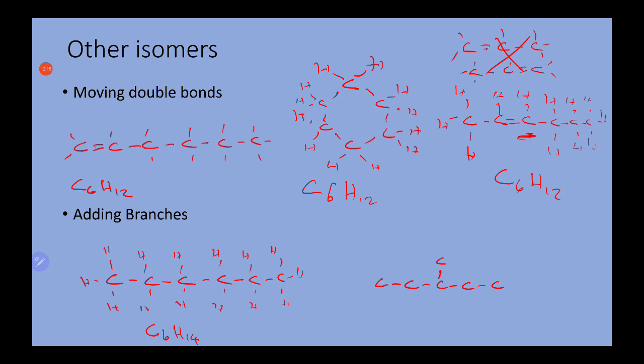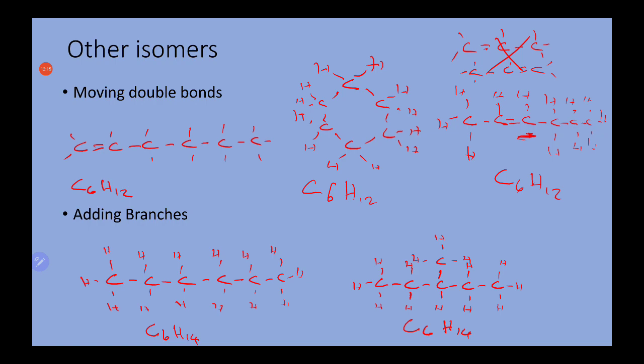Now it's got 6 carbons, so there's my C6. What about my hydrogens? Let's make sure all my carbons have hydrogens around them, including my branch. 1, 2, 3, 4, 5, 6, 7, 8, 9, 10, 11, 12, 13 and 14. C6H14. So those are isomers of one another.